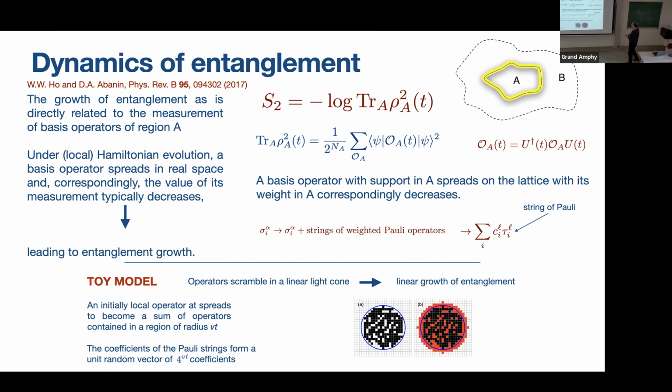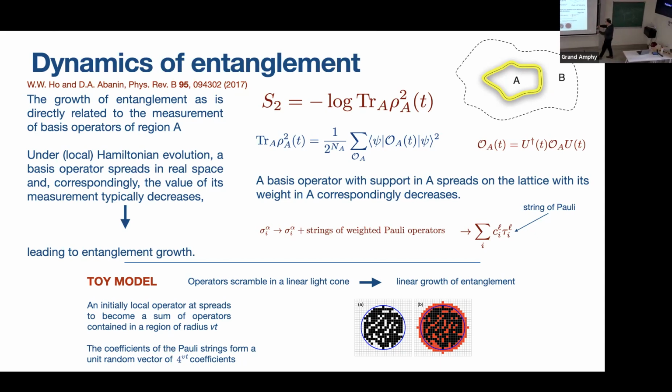So the idea was essentially, and this connects to what you said, that on increasing time the original operator O_A spreads out. If you start with a single spin, then as a function of time you will get strings of Pauli operators, with coefficients that should obey sum rules.